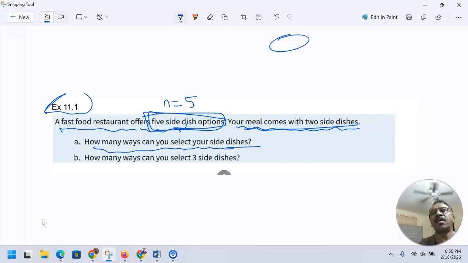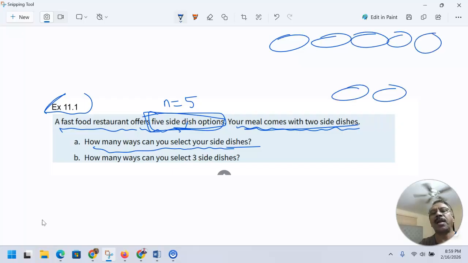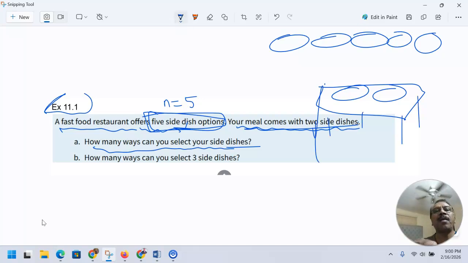So these are like five dishes, right? From here you have to select two of them, right? So this is where you want to sit with this table. So you can have options. I can call these A, B, C, D, and E, right?